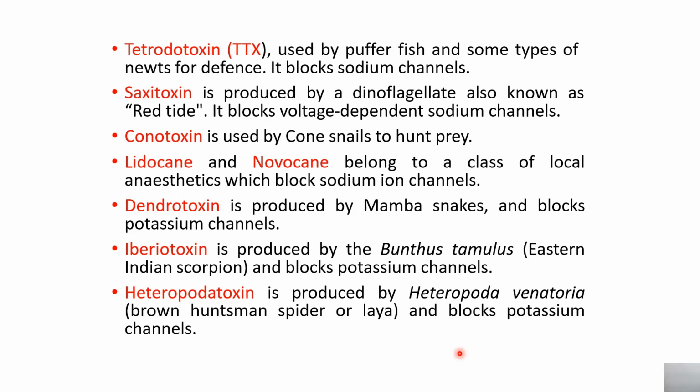Then lidocaine and novocaine belong to a class of local anesthetics which block sodium ion channels. Dendrotoxin is produced by mamba snakes and blocks the potassium channels. Iberiotoxin is produced by the Buthus tamulus, the East Indian scorpion, and it blocks the potassium channels. And we have heteropodatoxin, which is produced by Heteropoda venatoria, the brown huntsman spider, and it blocks potassium channels.